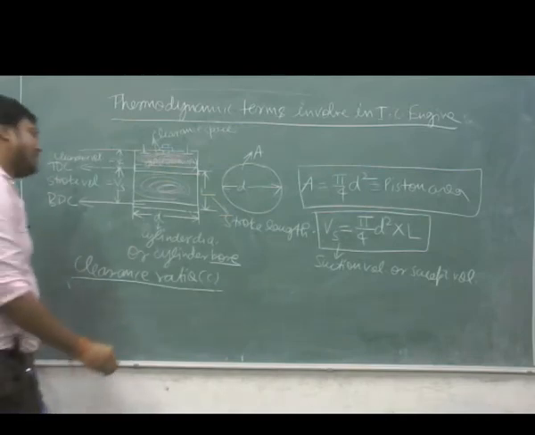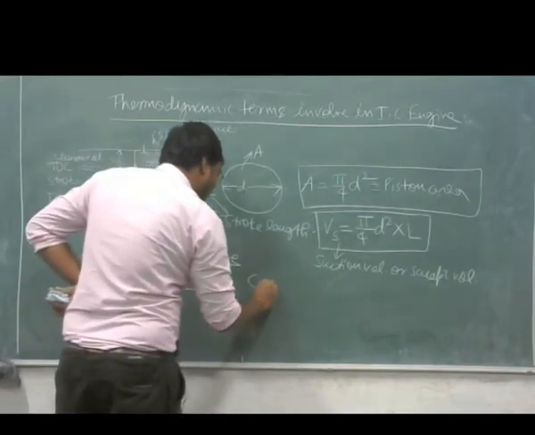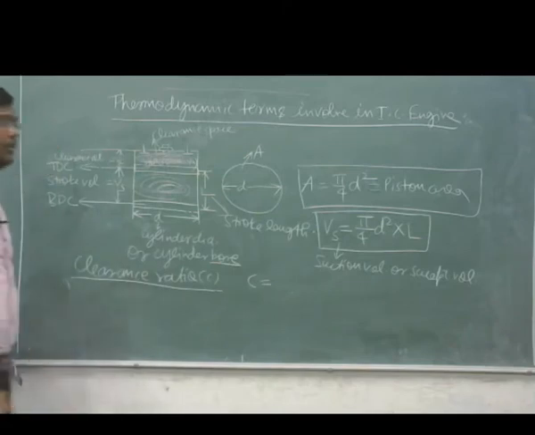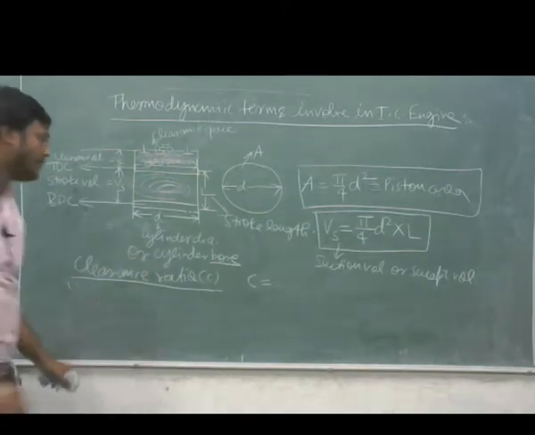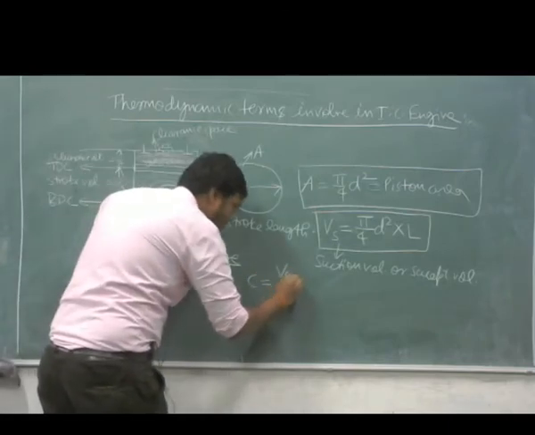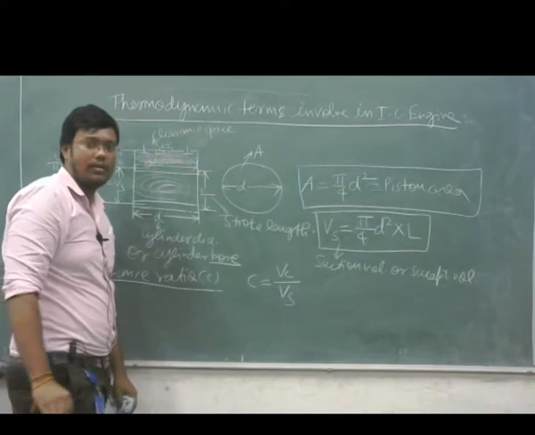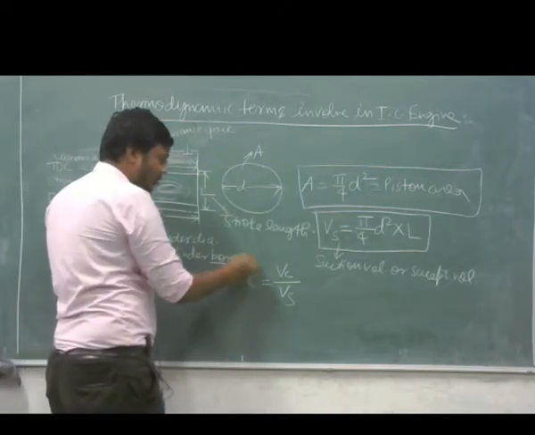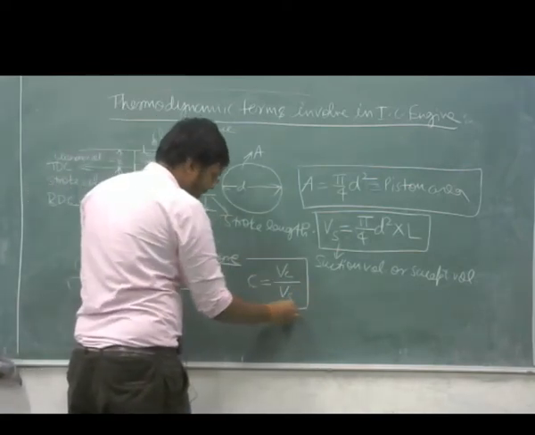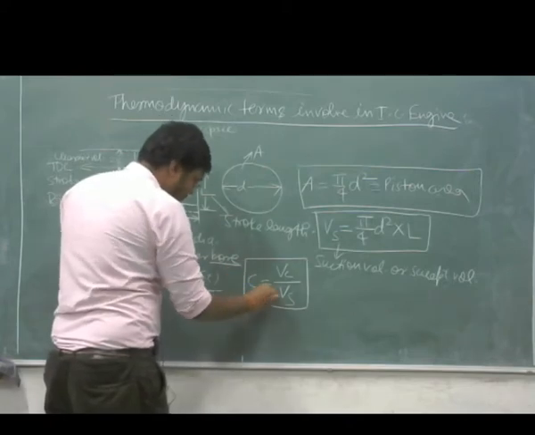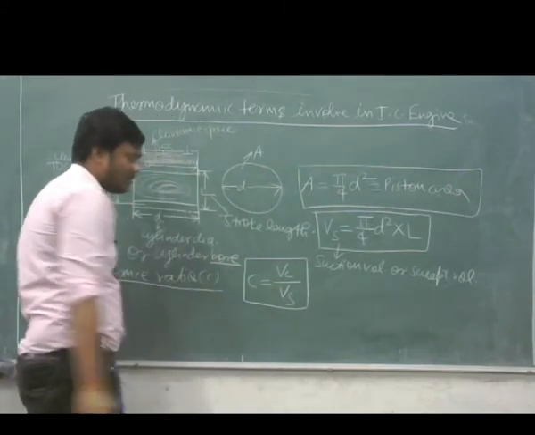Clearance ratio small c is the ratio of clearance volume, Vc, to suction volume, Vs. So small c is equal to Vc by Vs.